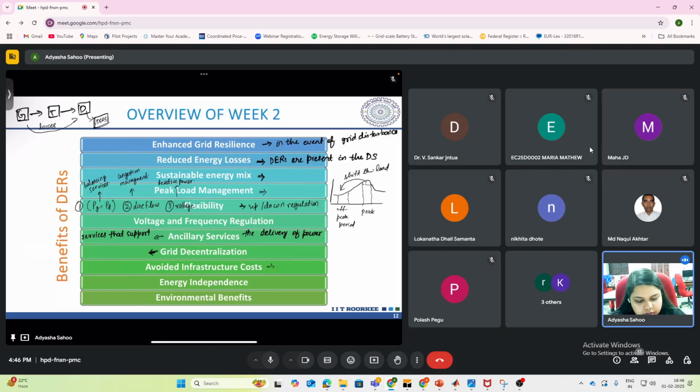This means you now do not need power lines over long distances, because the demand can be met locally in the distribution system only. Energy independence and environmental benefits definitely.